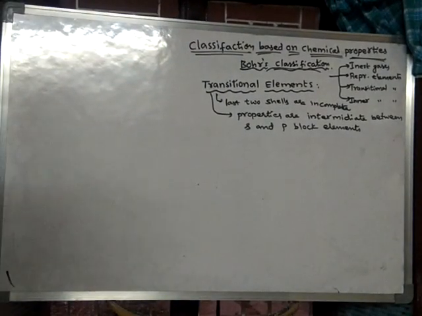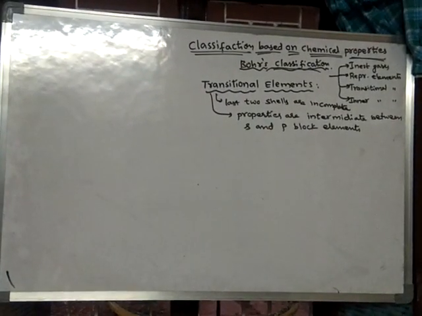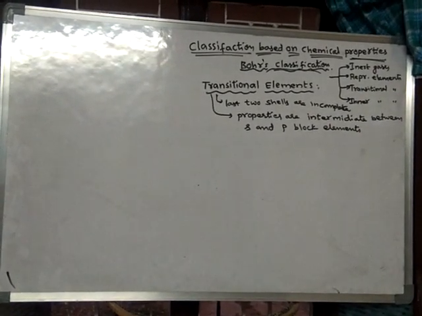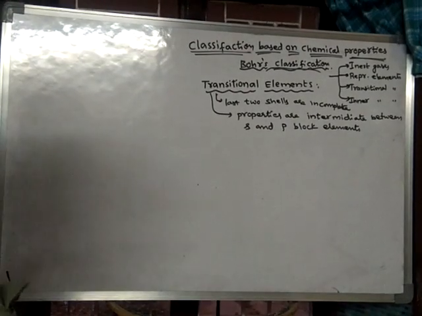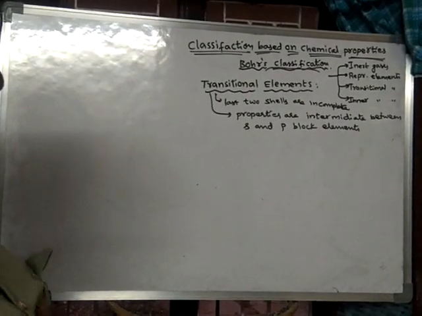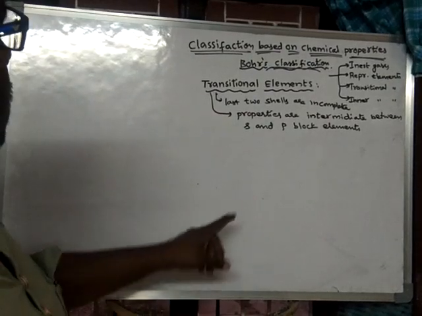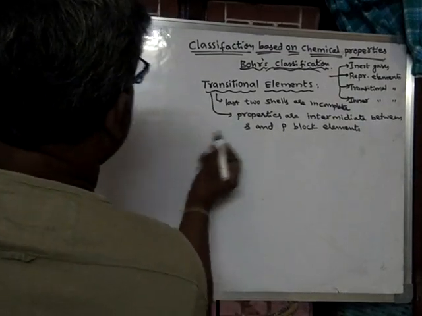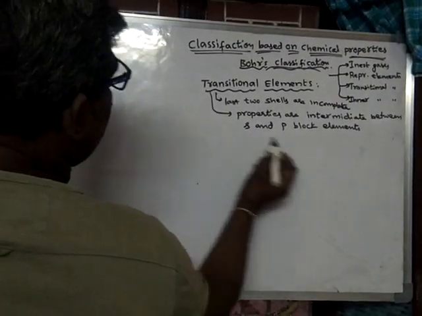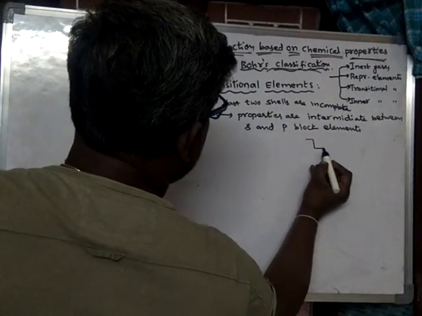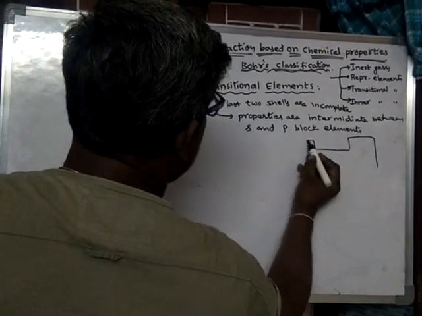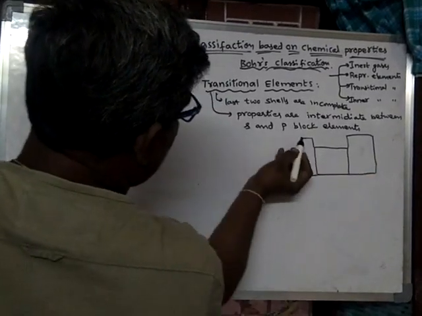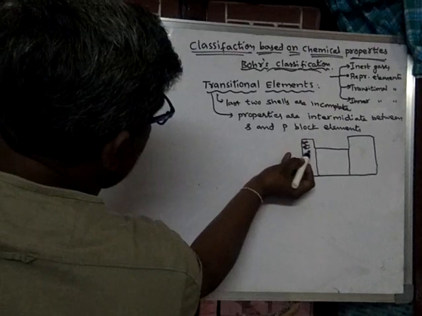See, S block elements are strong metals, whereas P block contains weak metals, metalloids, non-metals, and even inert gases. If you see the position of transitional elements in the periodic table, they are located between the S and P block.